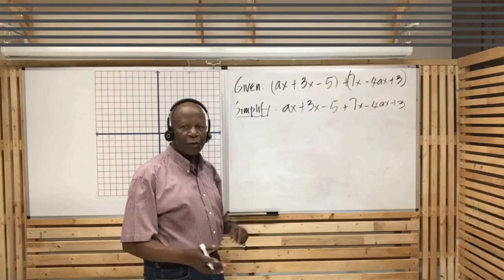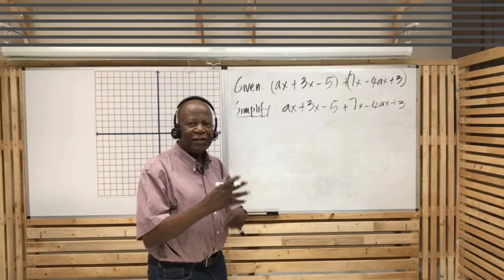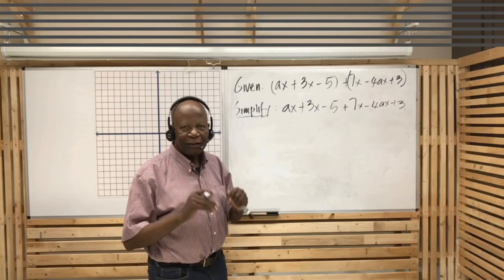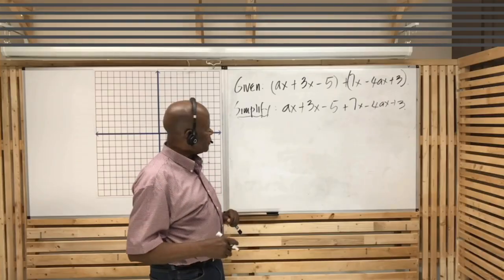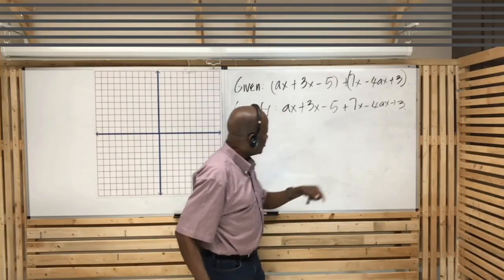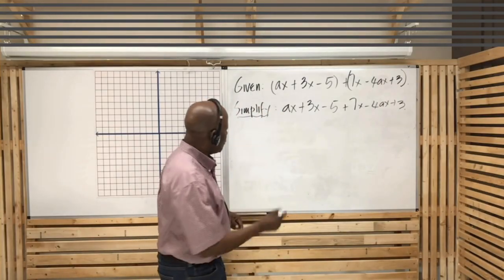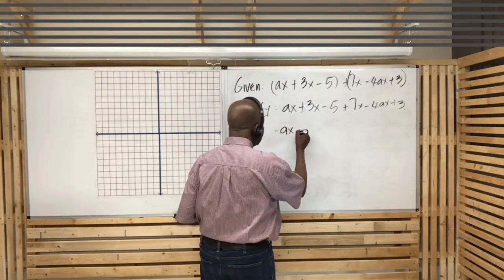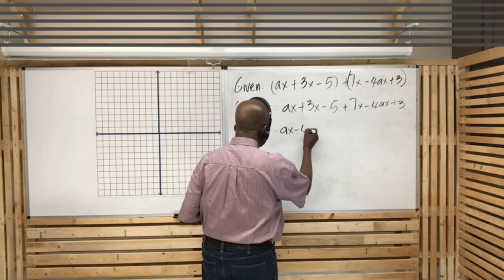What do we do? We rearrange them to get the like terms together and the unlike terms. So what are the like terms here? ax and 4ax are like terms. So we write them: ax minus 4ax.